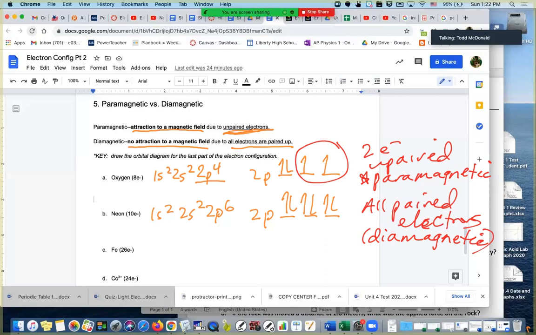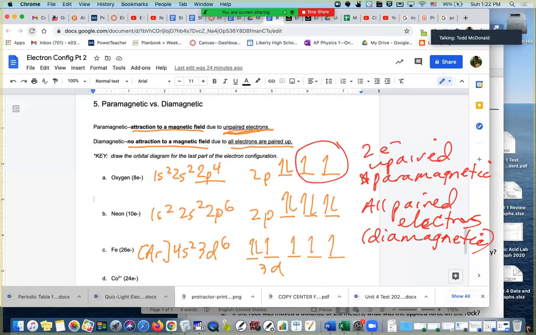All right, 2 more quick examples here, just so you can kind of see again how we would do this. And I'm going to do a couple of these. We're going to show you some in class with a demo. Iron has 26 electrons, so we go with a shortcut, argon, and then 4s2, 3d, 1, 2, 3, 4, 5, 6. I'm just counting with my periodic table. Remember, there's 5 d orbitals in the 3d, and we have 1, 2, 3, 4, 5, 6.